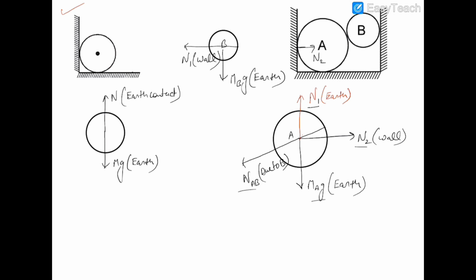Now coming again to ball B, there is mBg which is acting downwards. There is normal reaction N1 which is due to the wall, and there will be a normal reaction NAB which is acting in just the opposite direction to the normal reaction on A. So you can see that ball B applies a normal reaction on A in that direction, and in reply to that action, A will also apply the same amount of normal reaction on B in the opposite direction, pointing upwards.